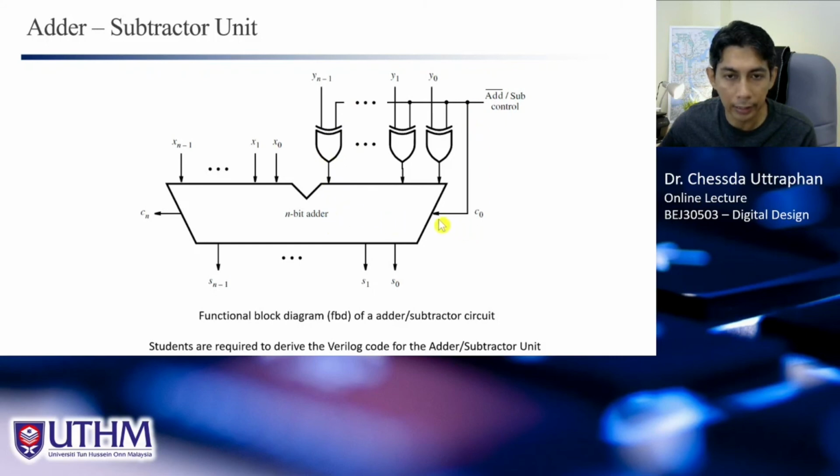And this is the C in, or in this case we call C0, for this adder, and this is the output. So we have S0, S1 until Sn minus 1, and this is C out, the carry bit. And how this circuit works is actually like this.